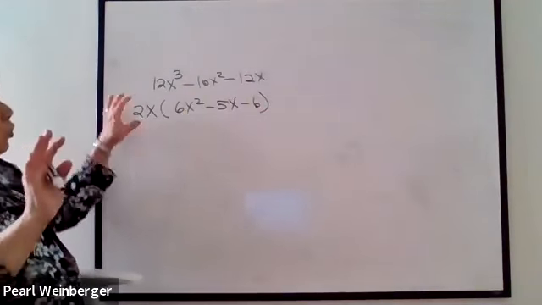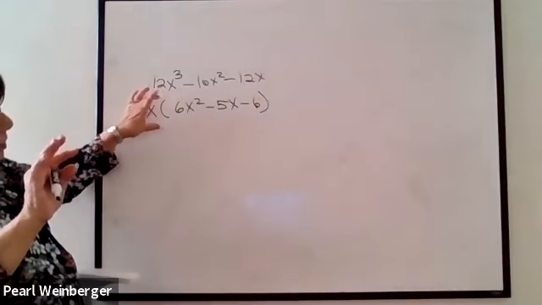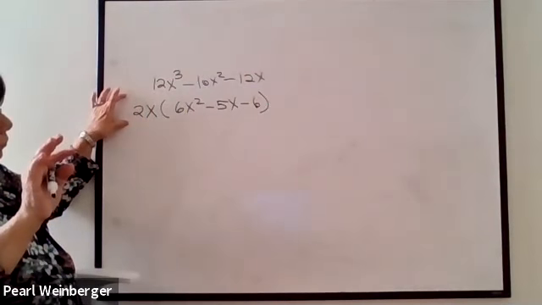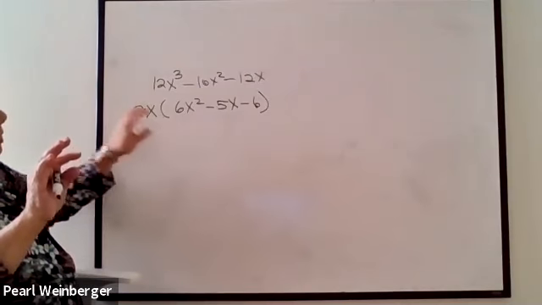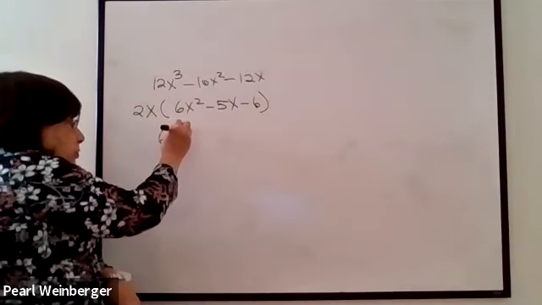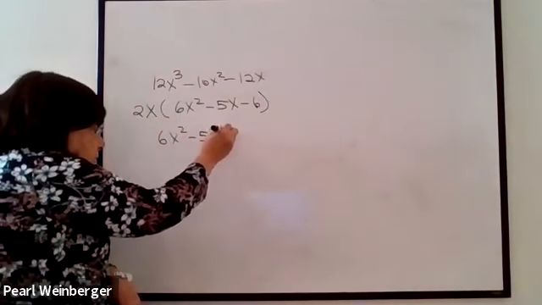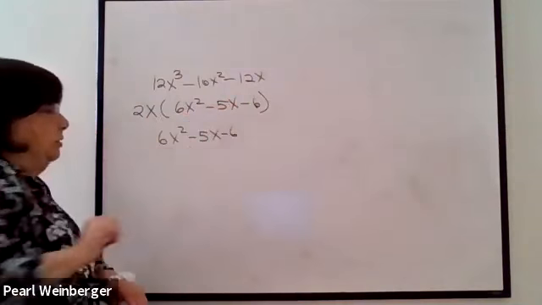So I'm left with a common monomial factor on the outside, and a trinomial. This is the trinomial I was left with: 6x squared minus 5x minus 6.